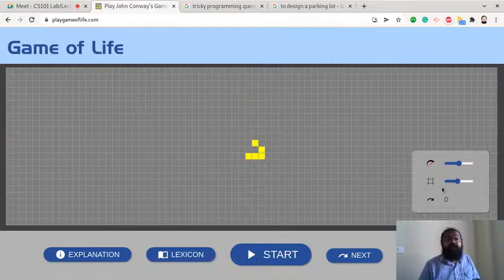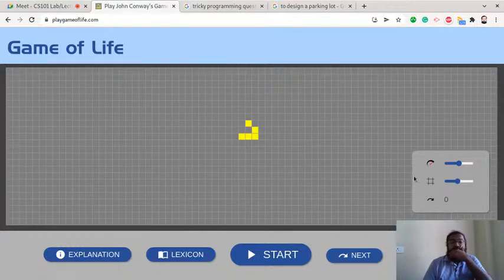One more thing. When you start a particular world, you have to seed that world with certain cells. So this is a cell, and if you start it, you can see that this cell will stay there all the time, and you can see that 20 iterations have happened, 24, 25, 26, and so on.